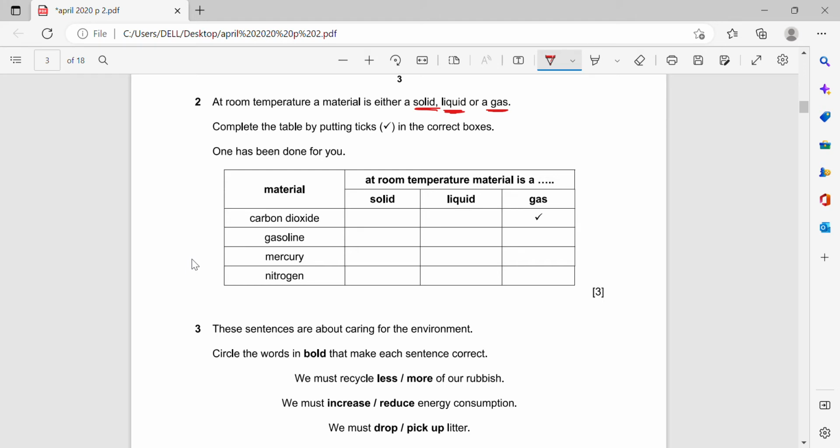It's a gas. The second material, gasoline, is a liquid. Mercury is also a liquid. Nitrogen is a gas.